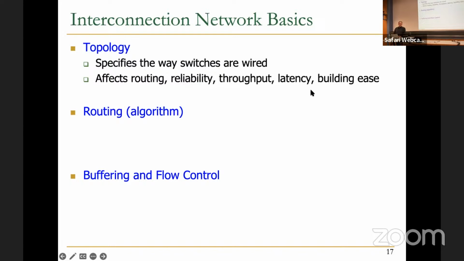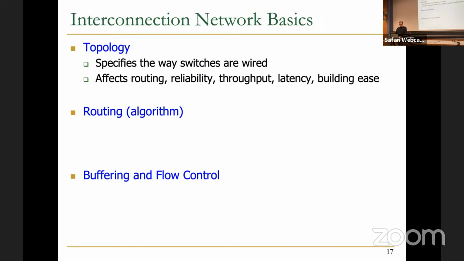In some topologies, sending a packet from one node to another requires a lot of hops, so your topology has a long diameter. We're going to get to that terminology later, but your distance can be very long depending on the position. Other topologies try to reduce those long distances, and they can provide better latency.